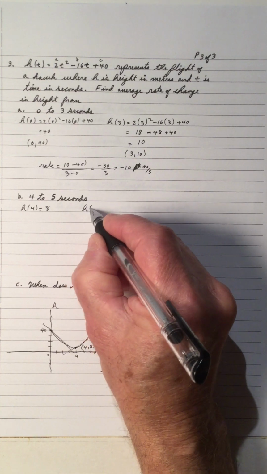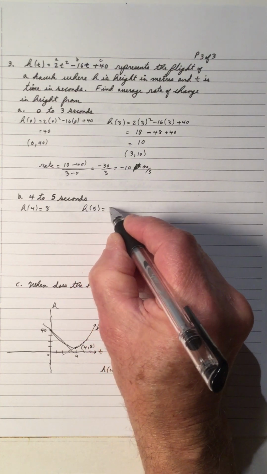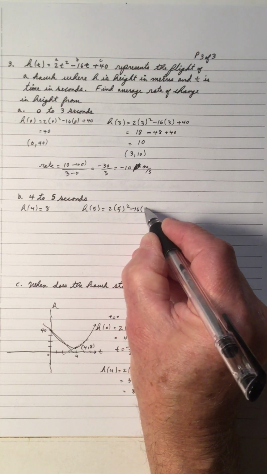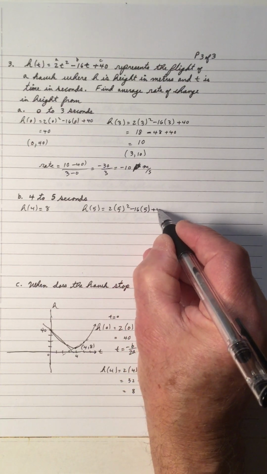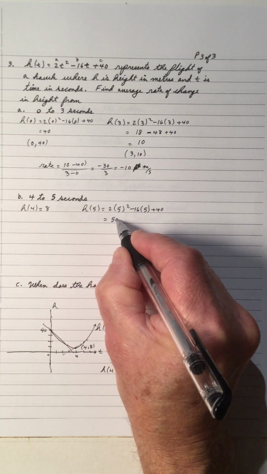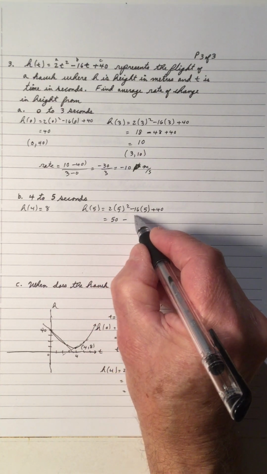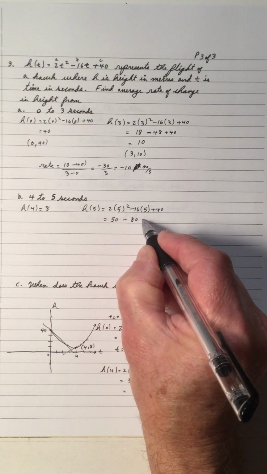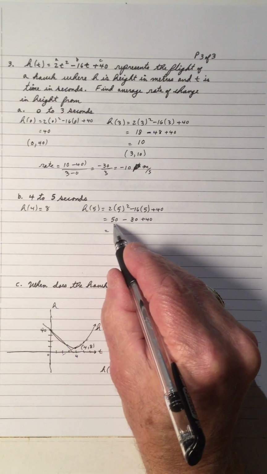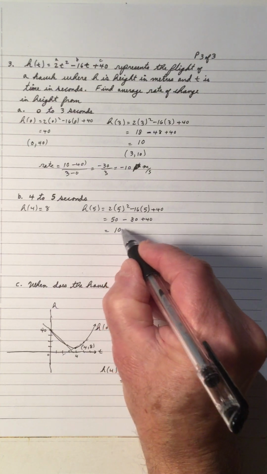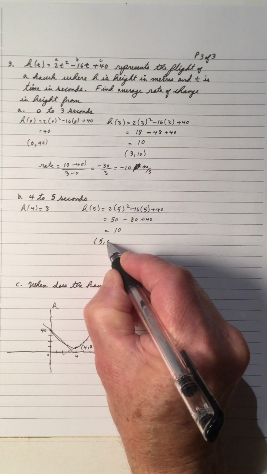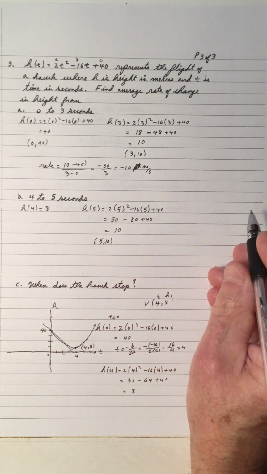So what about the h of 5? Let's plug 5 in. 2 times 5 squared, minus 16 times 5, plus 40. 25 times 2 is 50 minus, that's an 80, plus 40. So that's 90 minus 80 is 10. So here we have 5 gives us a 10.